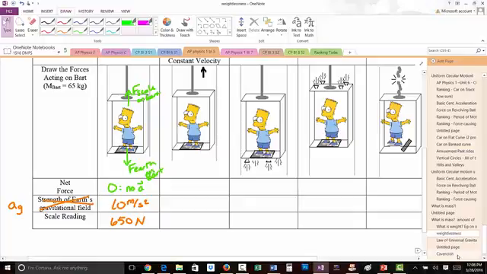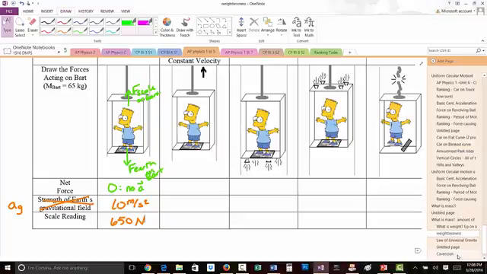So, how does this free body diagram, moving at constant velocity, compare to this one? Same. How does this free body diagram compare to this one? There's a larger force up on this one?